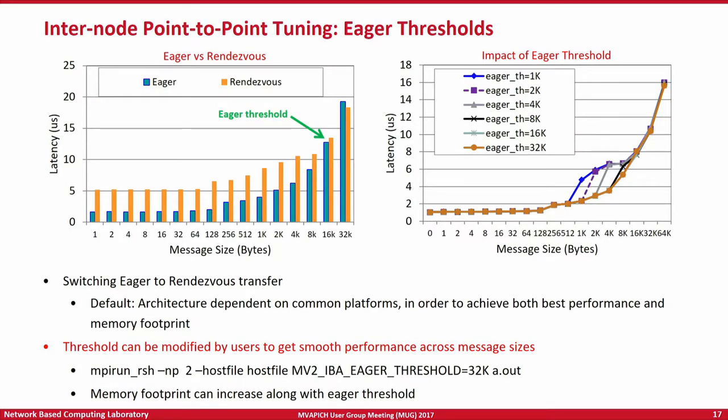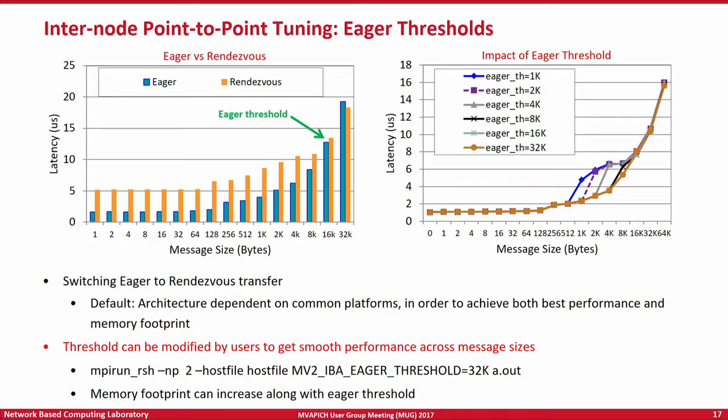Typically, how an eager protocol works is that when you post the MPI operation, the data is staged into an internal MPI communication buffer so that the application buffer can be reused almost immediately. This internal MPI communication buffer is used to post the data to the InfiniBand HCA.